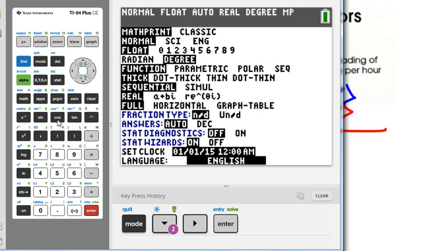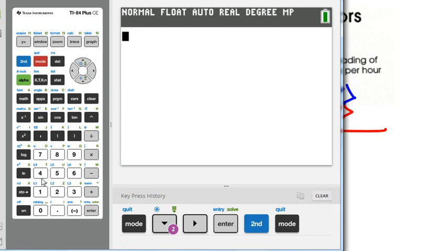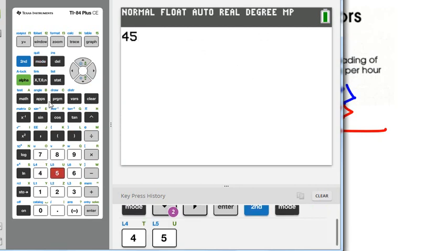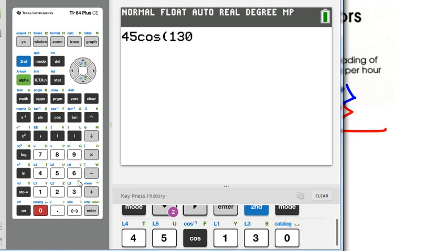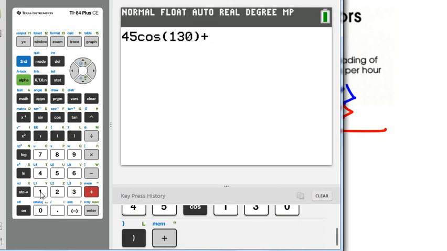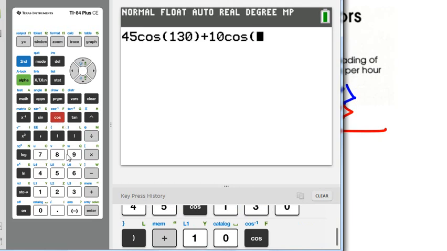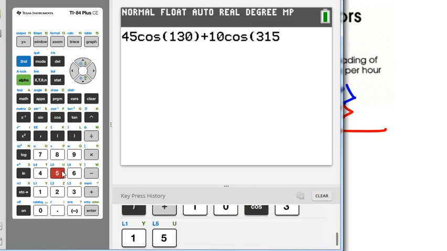And so what we have is 45 cosine of 130 degrees, plus 10 cosine 315 degrees. And that's going to give us our component there.